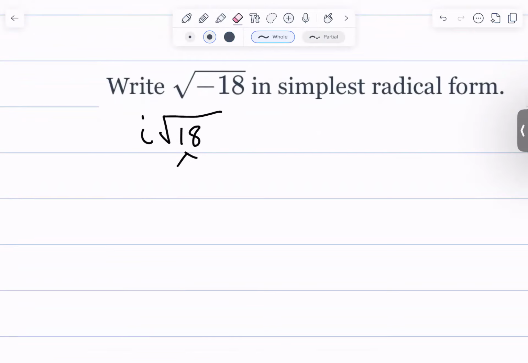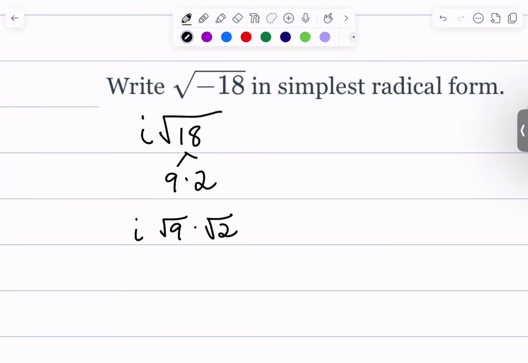So i square root of 18, 9 and 2. So this would be i square root of 9 times square root of 2, which would be 3i square root of 2. Cool?